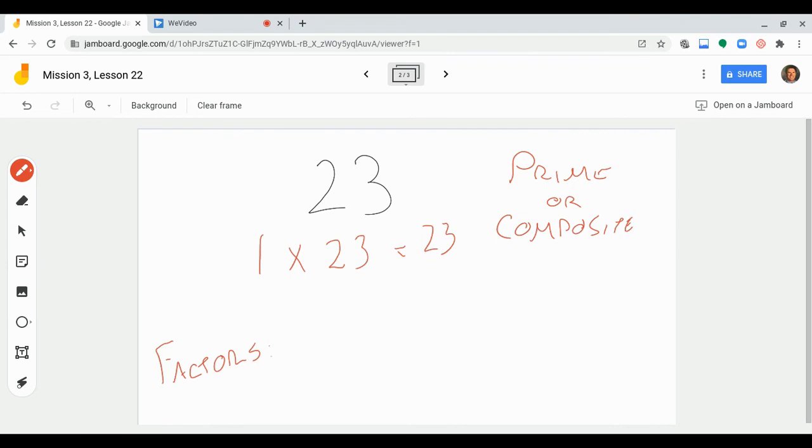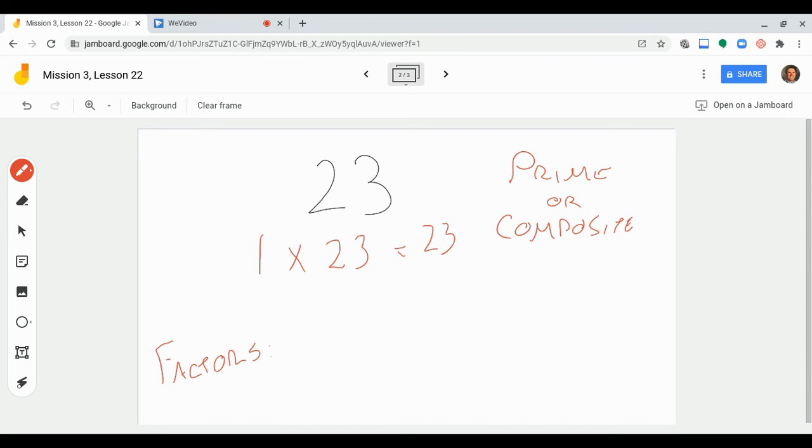Now I'm asking myself, what else can I multiply together to get 23? Can I do 2 times? Nope, can't do 2 times any number. Can I do 3 times? No, not 3. 4 times? No. 5 times? No. 6 times? No. 7 times? Nope.